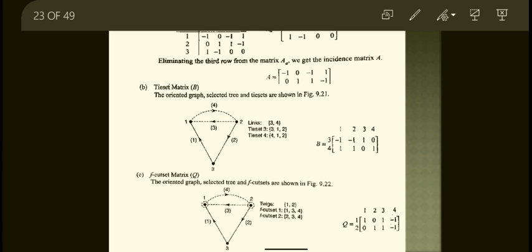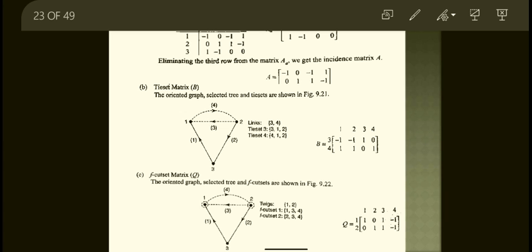If we come to the second F cut set, cut set 2, what are the currents linked with this? The 2, 3, 4 currents are linking. 2 and 3 are outgoing, and 4 is incoming.